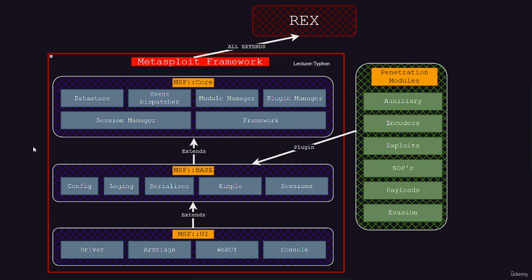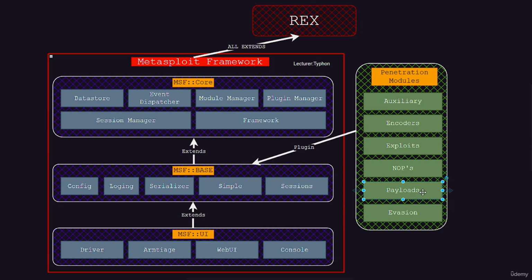So we have payload modules here, for example, payloads. Payload modules are like the keys that unlock doors. They are used to establish connections to or from a compromised system after an exploit is successful. In simpler terms, they create a channel that allows the attacker to interact with the victim or target here.